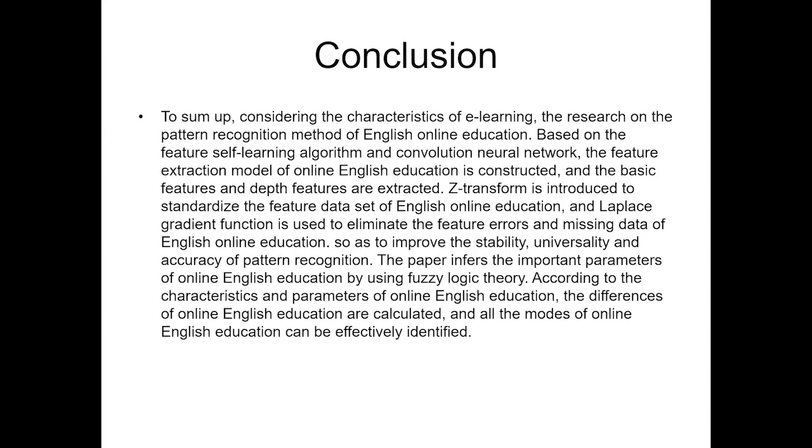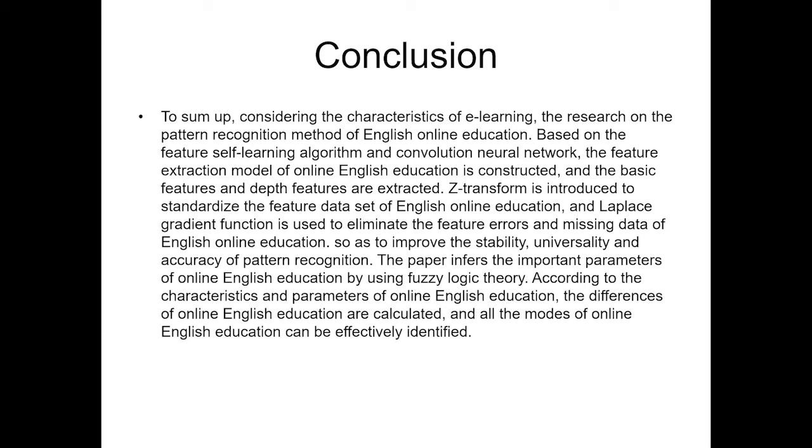Conclusion. To sum up, considering the characteristics of e-learning, the research on the pattern recognition method of English online education, based on the feature self-learning algorithm and the convolution neural network, the feature extraction mode of online English education is constructed, and the basic features and depth features are extracted.